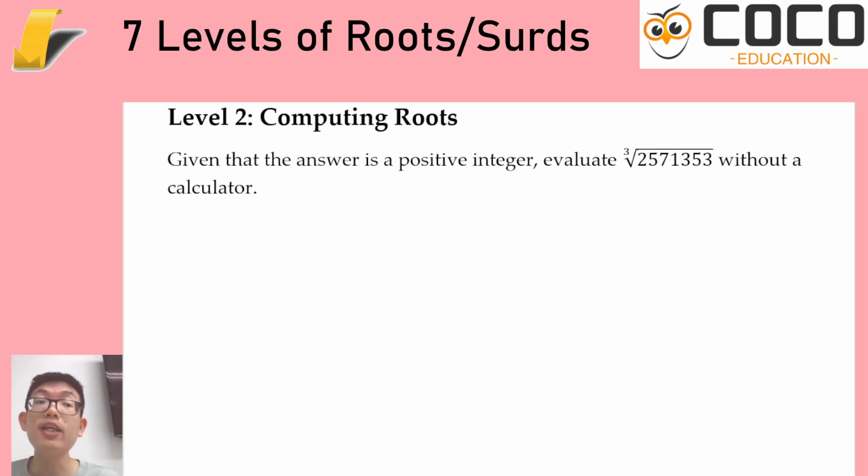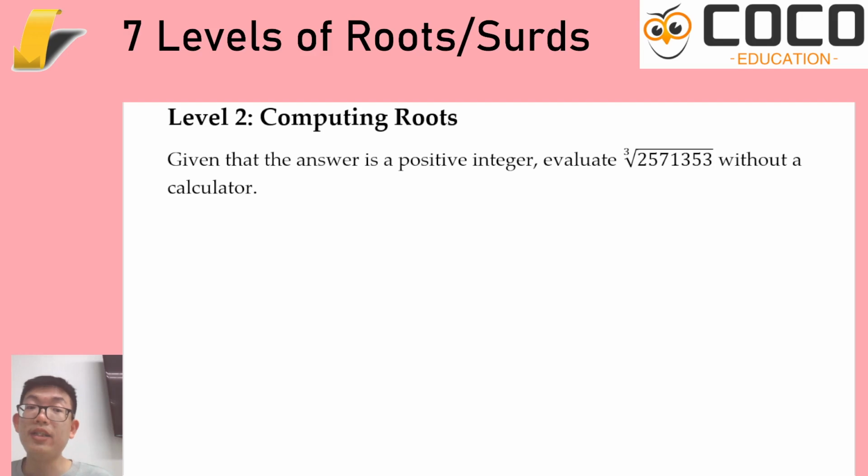Now, here I'm telling you that the answer is a positive integer. What would you say is the fastest way to do something like this? Now pause the video for here as well as any of the subsequent questions if you want to think about it for a little while.